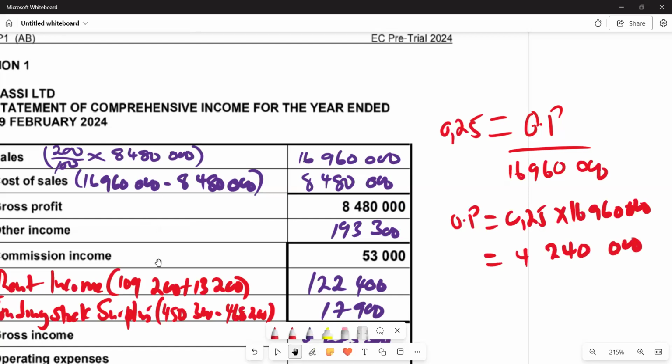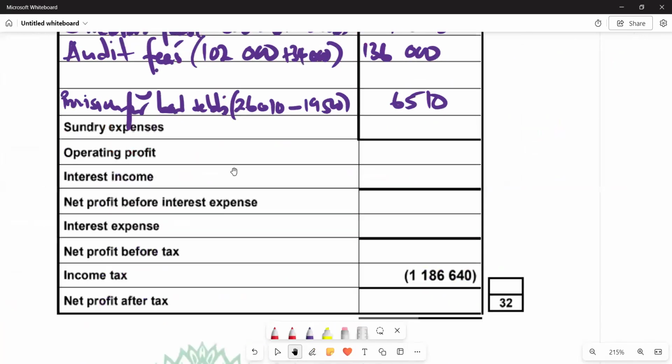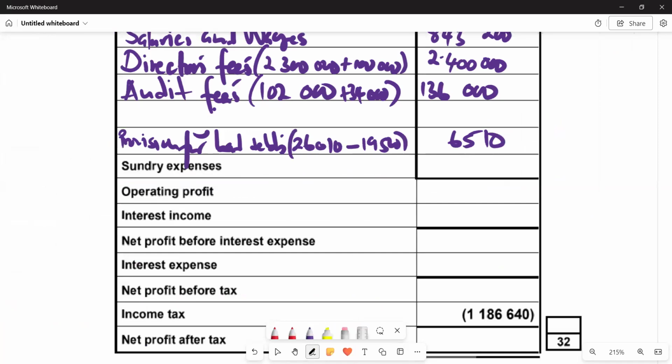So we can summarize the working brackets for our operating profit. It's going to be sales. Remember we said 16,960,000, then we multiply by 0.25. And the figure that we got there was 4,240,000. So we now have the figure for operating profit.